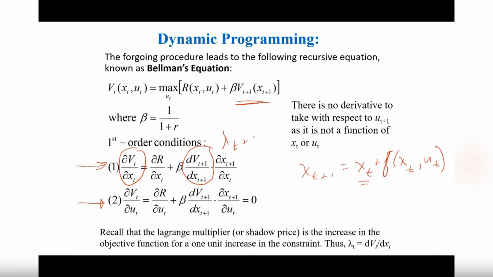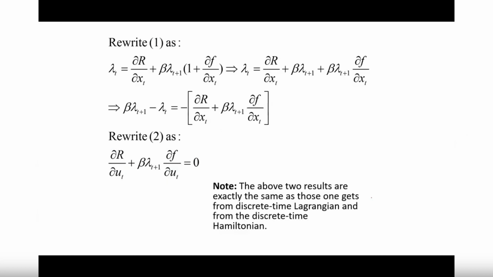Now when we take those two equations and we rearrange them, we rewrite number 1 as lambda_t is equal to the partial of the return with respect to x_t plus beta lambda_{t+1} times the partial of f with respect to x_t.